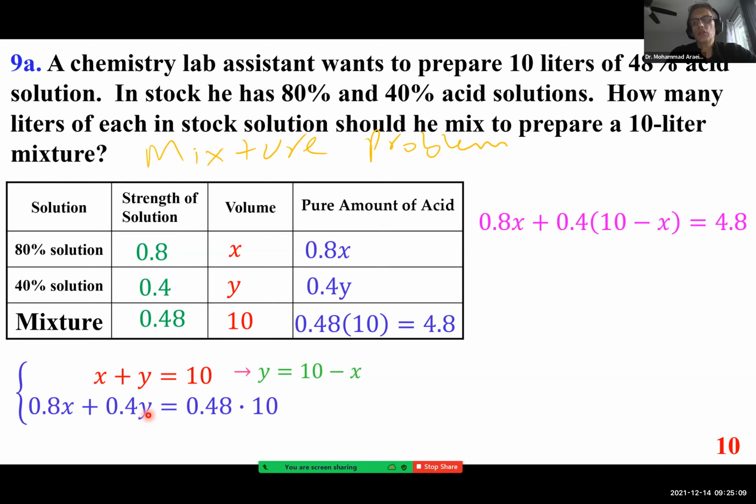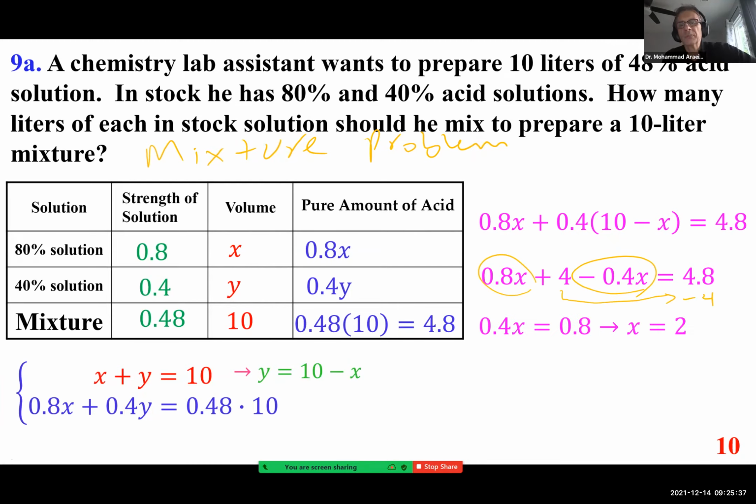When we distribute, this becomes 4, and this becomes minus 0.4x. These two, they add up to 0.4x. We move the 4 and subtract it from the right, becomes 0.8.